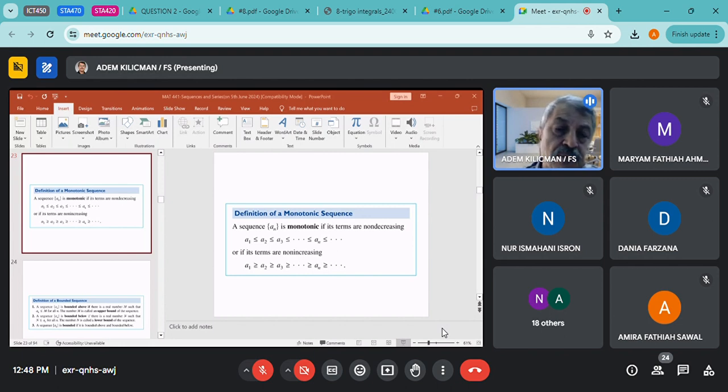If we add the terms of the sequence, what will happen? In other words, a1 plus a2 plus a3 plus up to a_n all together, what will happen? This is the goal. Sequences added up together generate a new concept we call a series.